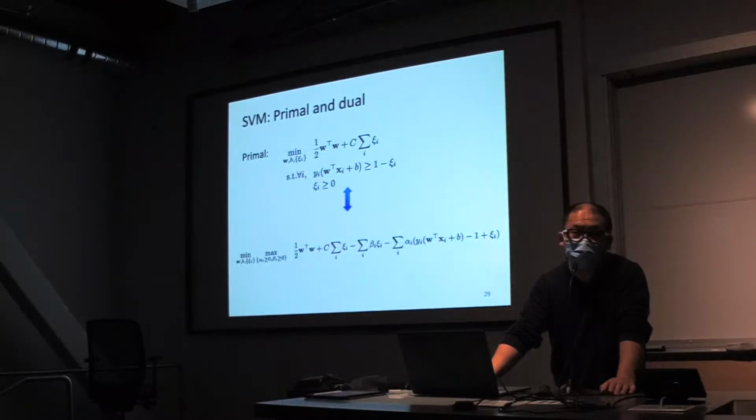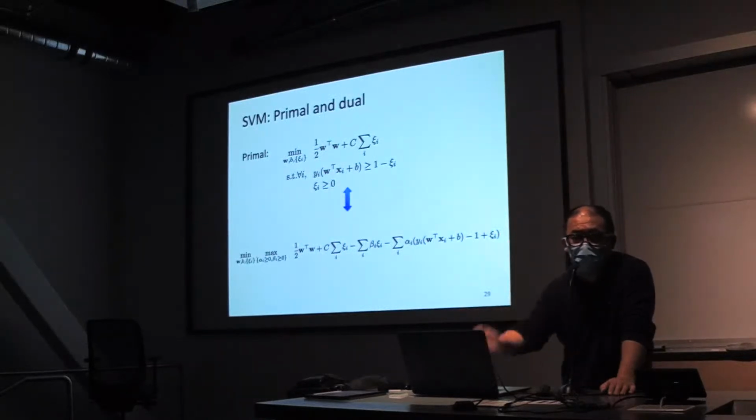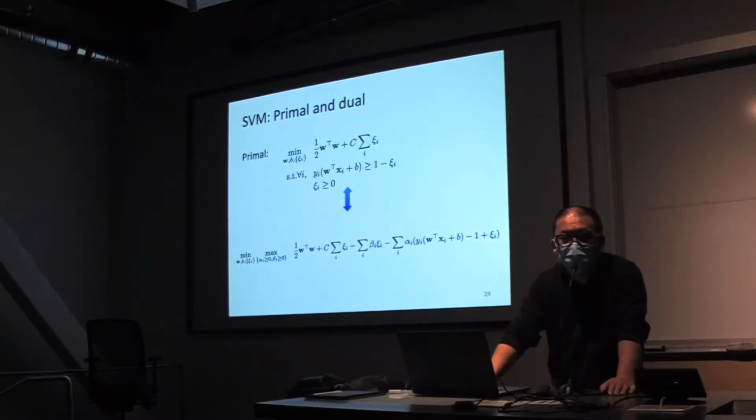You're going to optimize both the model parameters and the set of Lagrange multipliers, which correspond to the constraint functions. And then you just switch the order of the min and max. Then you get the dual formulation. So the primal problem is to solve min max, while the dual form is to solve max min.